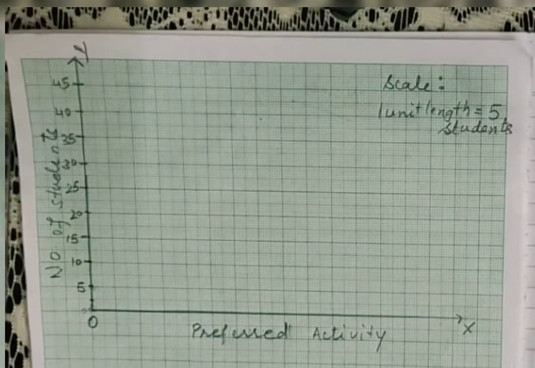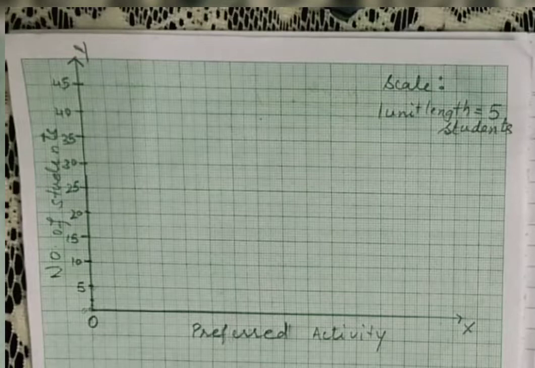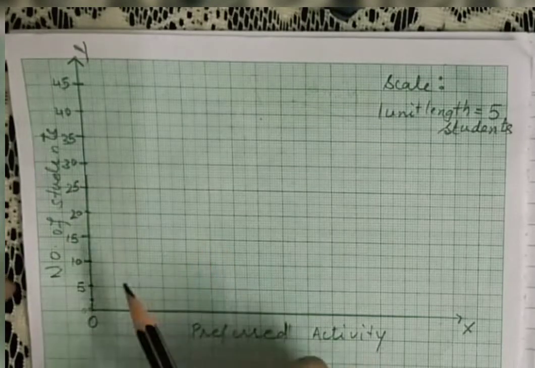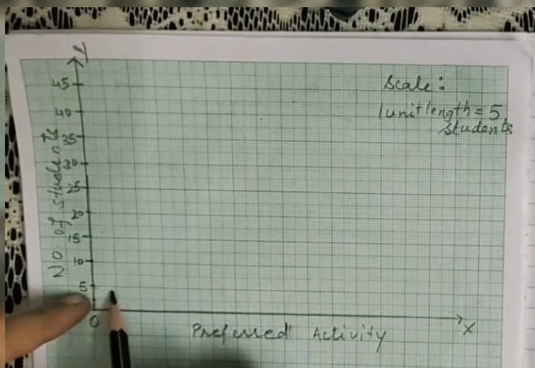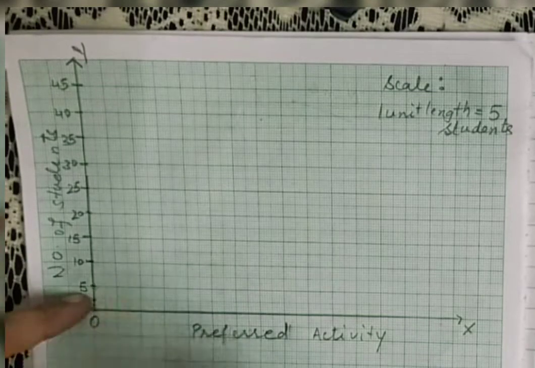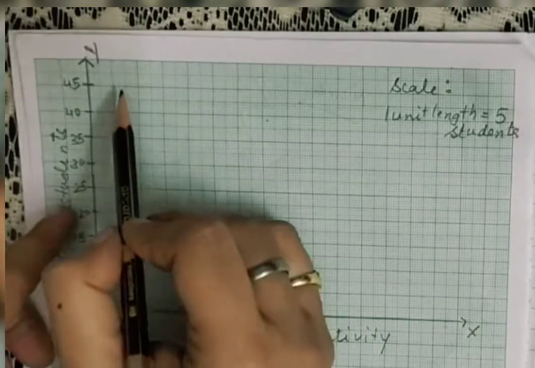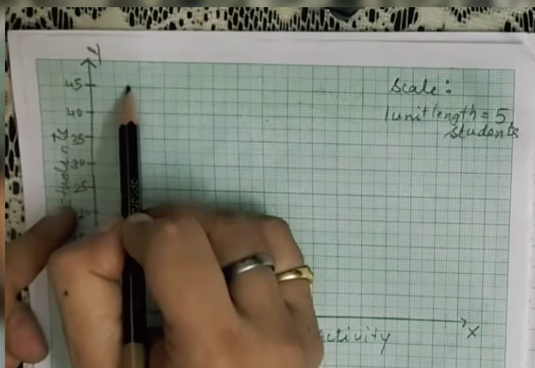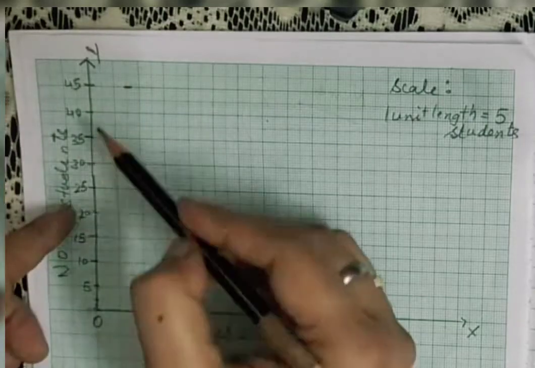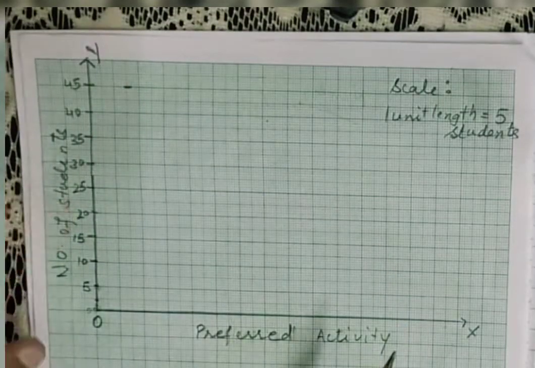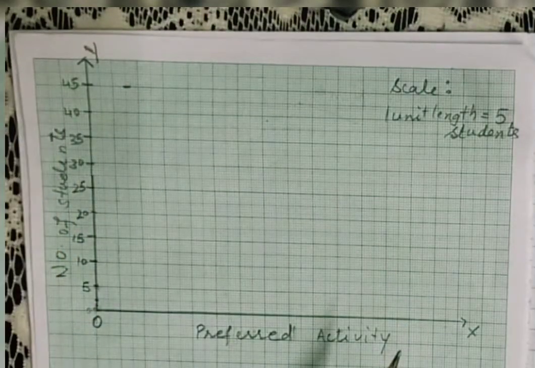So first thing is playing. Playing is done by 45 students. First of all, I am going to leave this space blank. In the bar graphs, we need to leave the space first, and then the 45 students we need to mark. I am just putting a little mark here so that I can remember while drawing the lines.